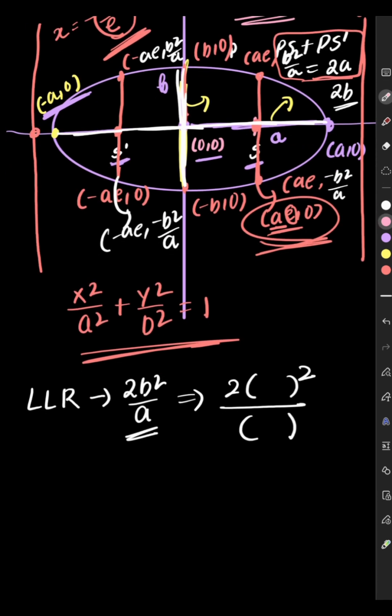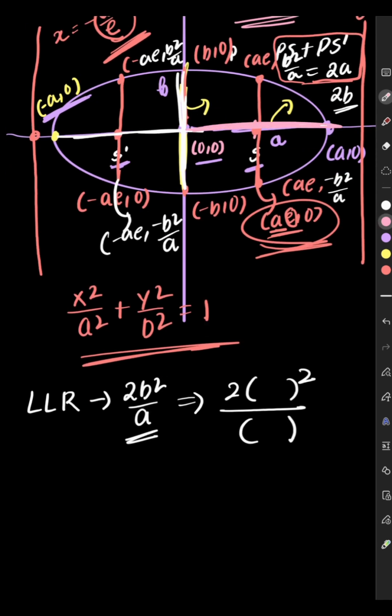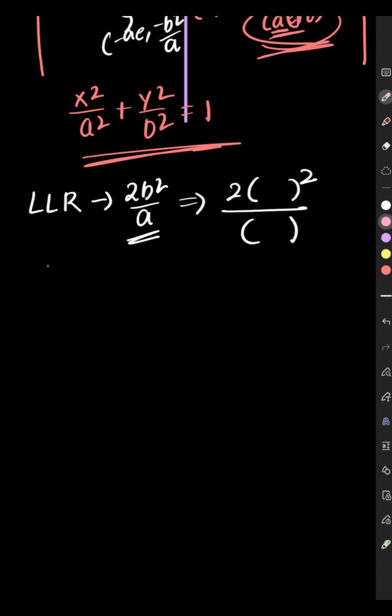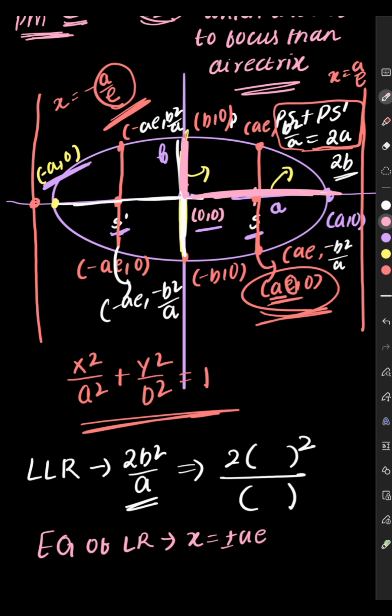The same way, a is the length of the semi-major axis, b is the length of the semi-minor axis. The equation of the latus rectum is x equals to plus or minus AE. Equation of the major axis here is y equals to 0, minor axis is x equals to 0.